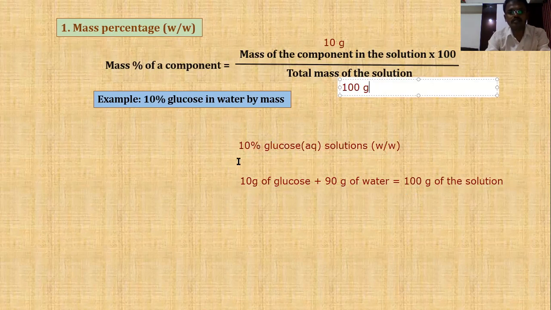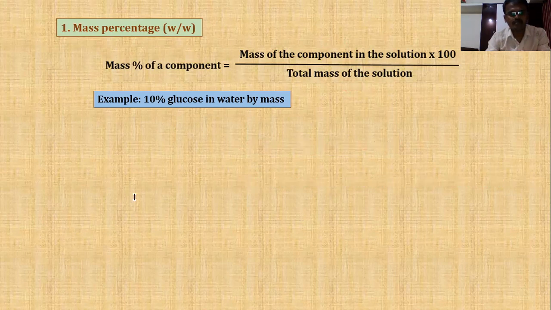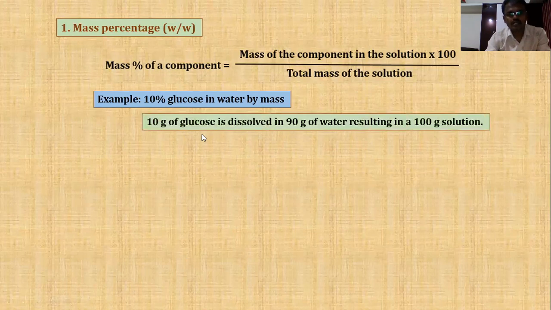So we got the answer as 10% solution, isn't it? That is the meaning of that, right? Let me repeat that one more time. 10% glucose solution means 10 grams of glucose dissolved in 90 grams of water, resulting in a 100-gram solution.